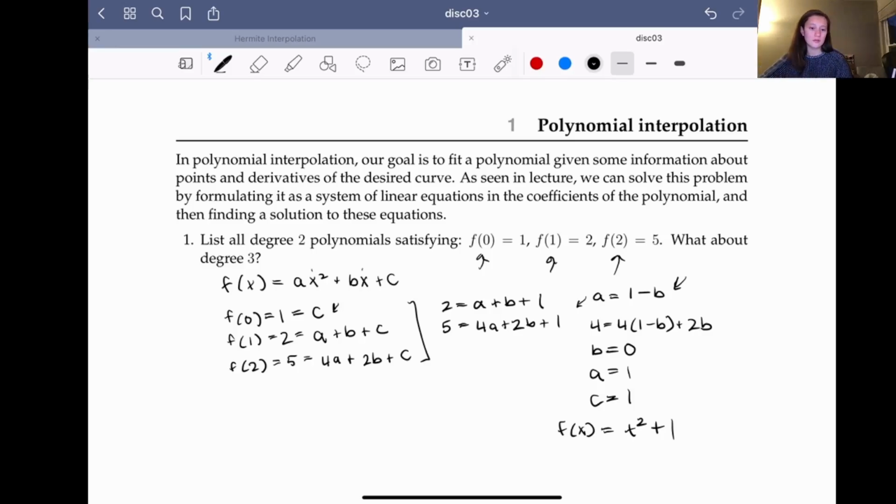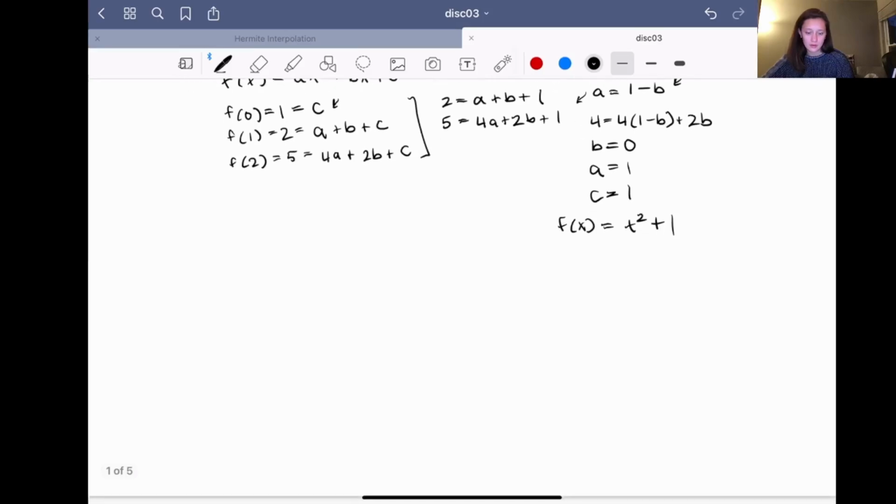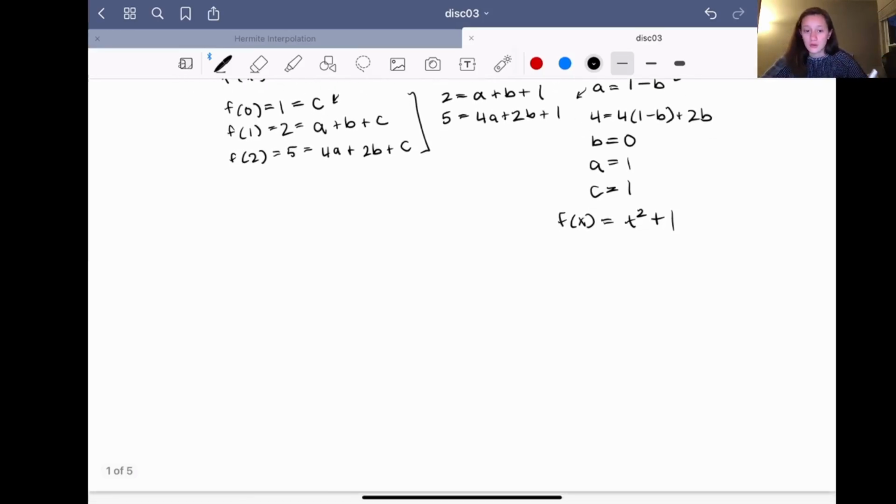Okay, on to the second part of the question. What about a degree 3 polynomial? So that will be of this form. However, we know from the previous part of this question that this polynomial will actually solve our constraints.